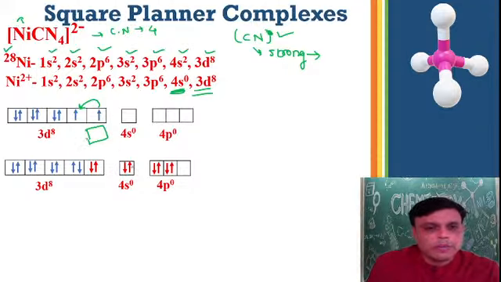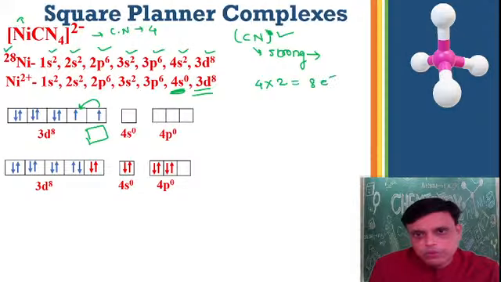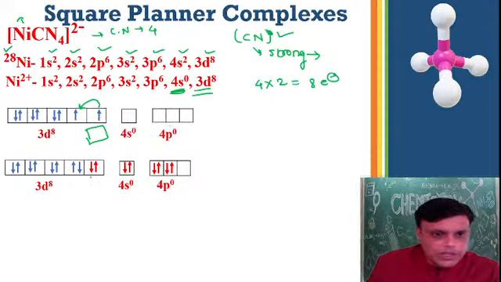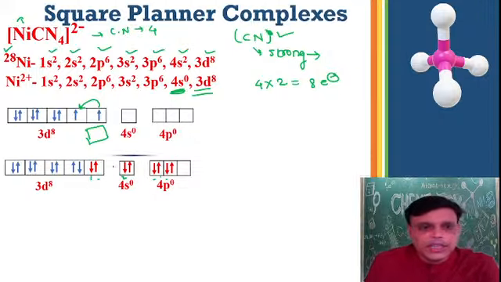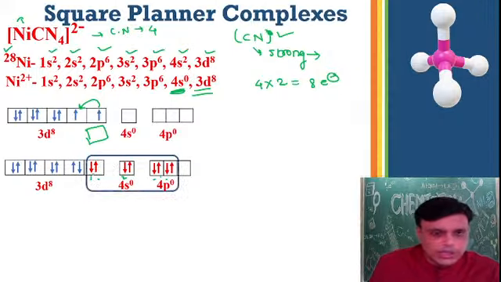Okay, so what happens? You have 4 ligands, 4 into 2, 8 electrons you have to fill. So you will start from filling this orbital. First electron here, second here, third here, fourth here, then 5, 6, 7, 8. So these orbitals will now undergo a process called hybridization.